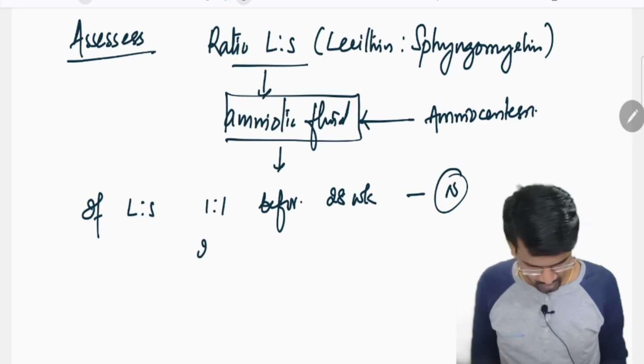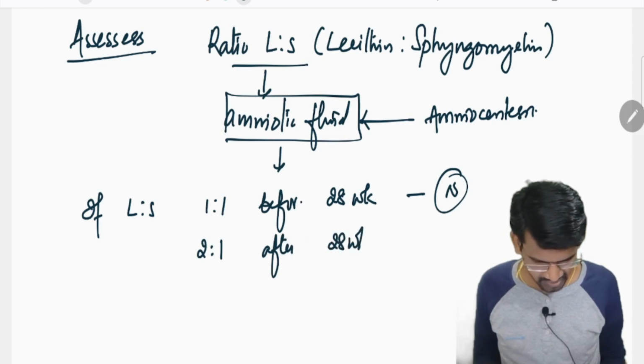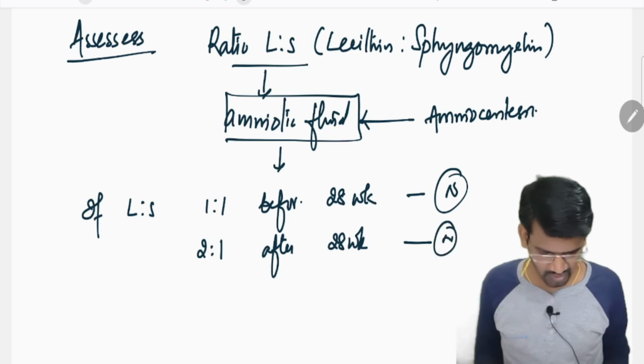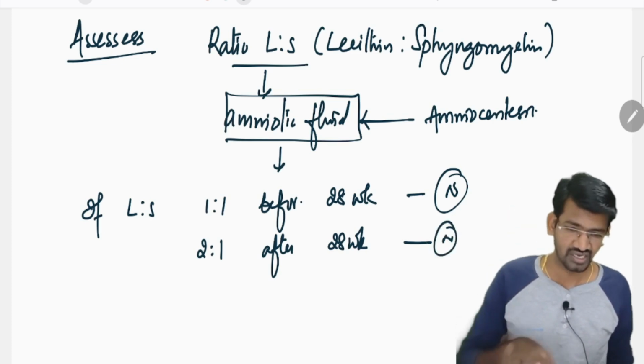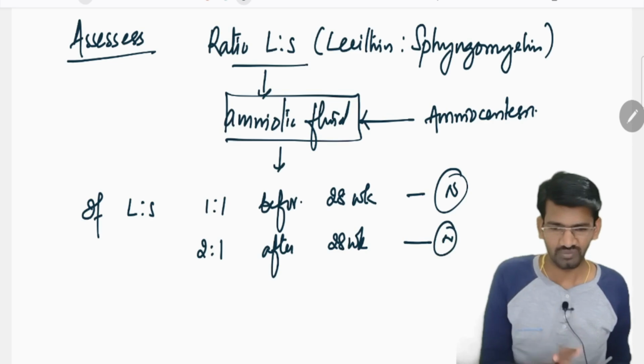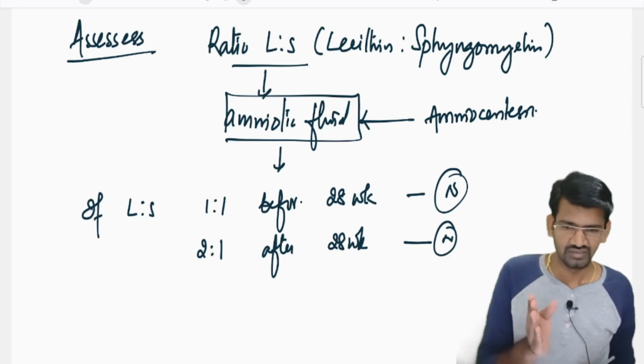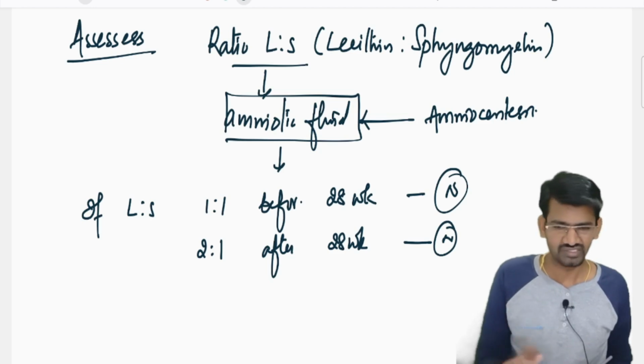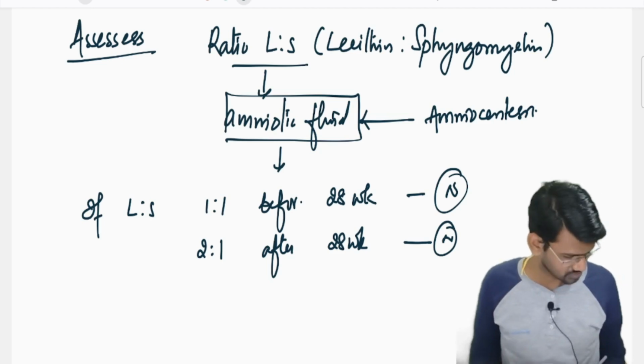If it is 2 to 1 after 28 weeks, it is considered normal. Before, 1 to 1; after, 2 to 1. The sphingomyelin value is constant here, whereas lecithin production increases, so the value starts increasing.